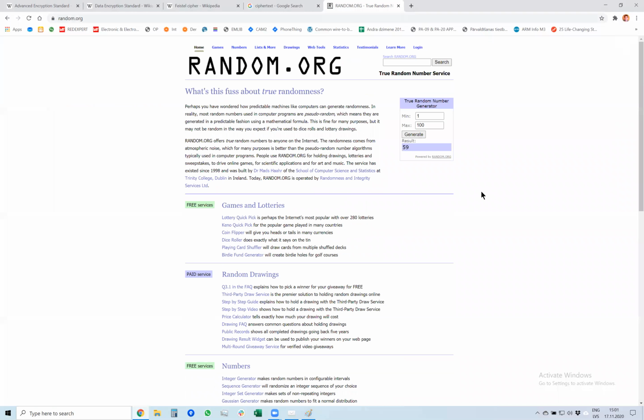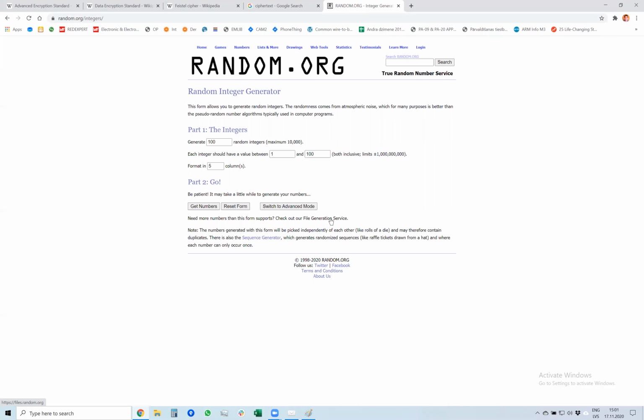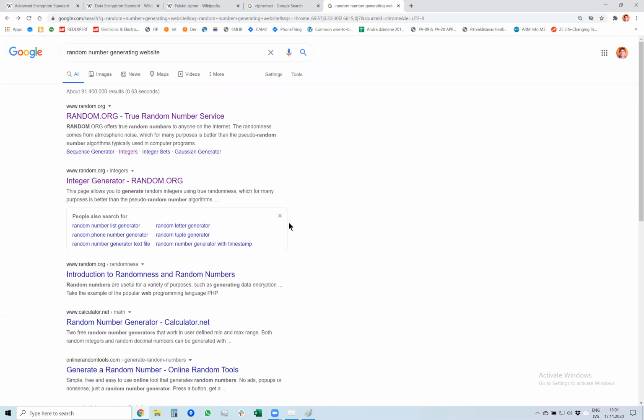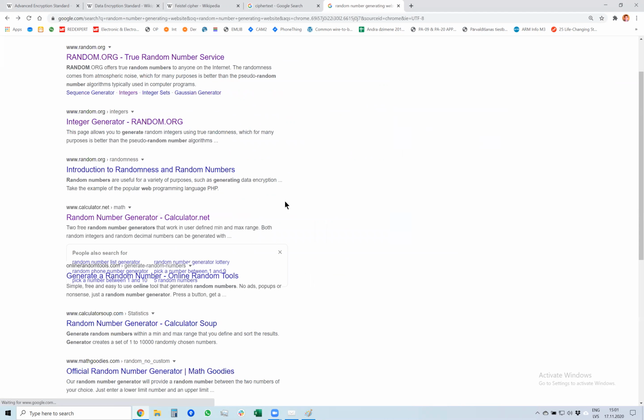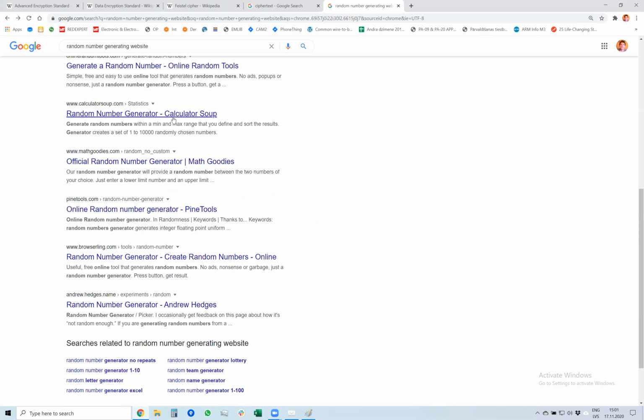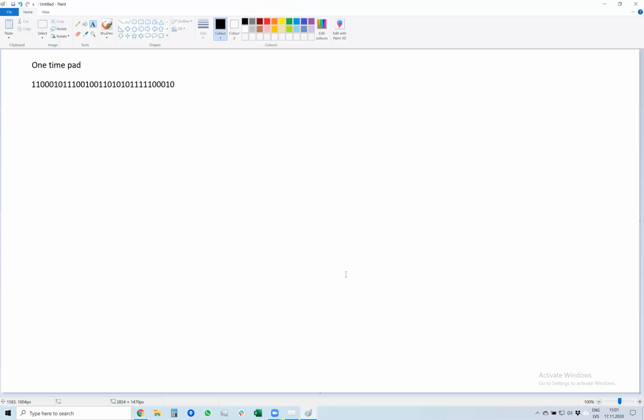You can go on this website and it will just generate random numbers in your range, or there are also other tools which generate larger numbers. So you can go online, create random numbers, or you can do it by flipping coins.